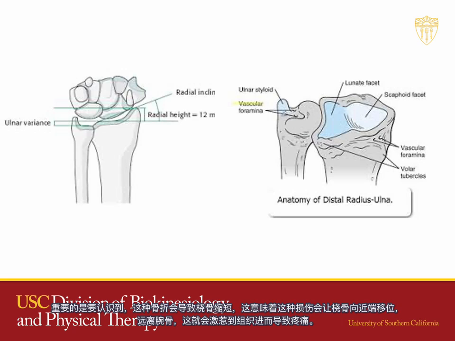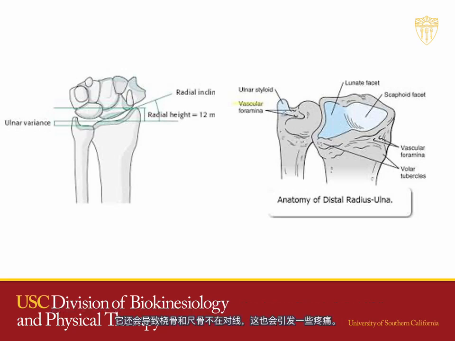It also causes the radius and the ulna to not line up anymore distally, and that can also cause some irritability. So again, just consider what that looks like and how that might affect rehab and quality of life.